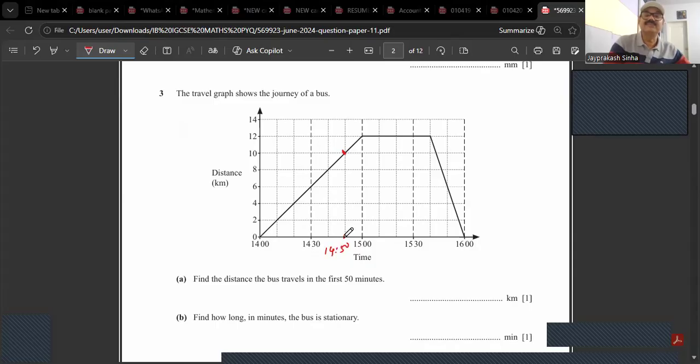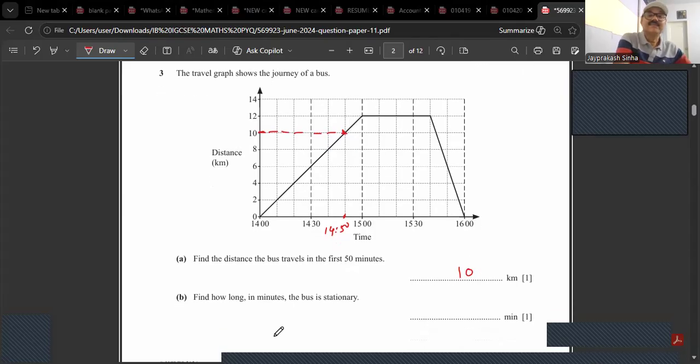So this is the place of 14:50, and this is the place of the distance. Now you measure this distance. It means the distance traveled by the bus in the first 50 minutes is 10 kilometers. So we'll write 10.